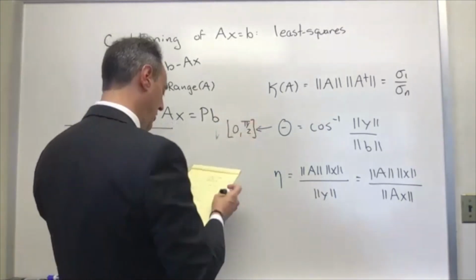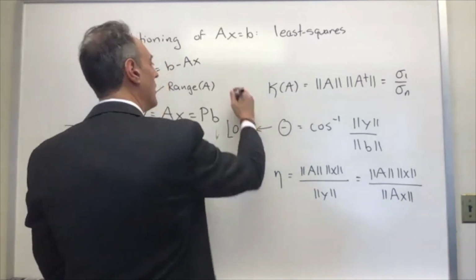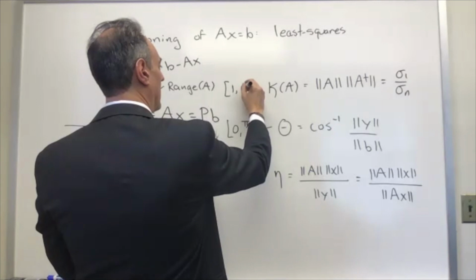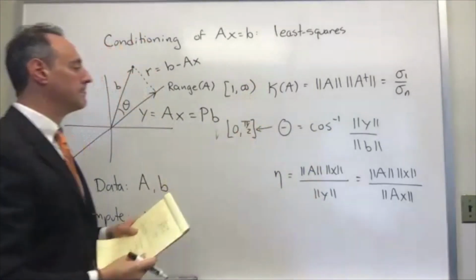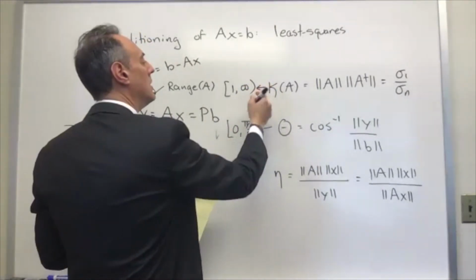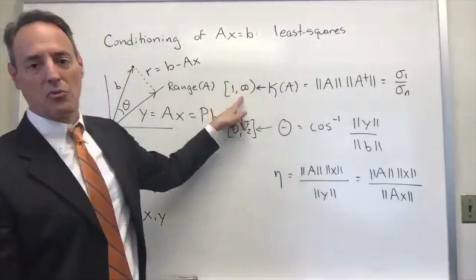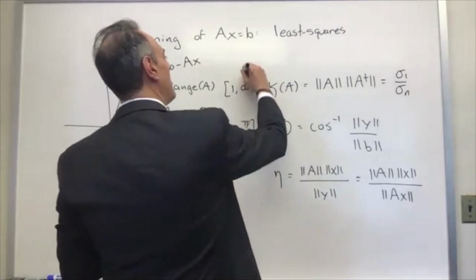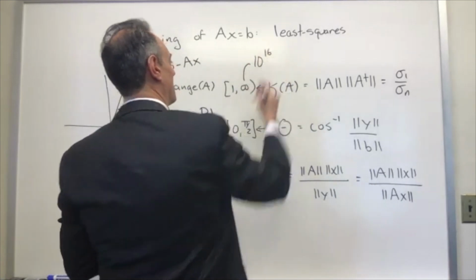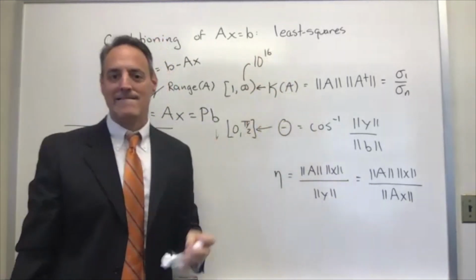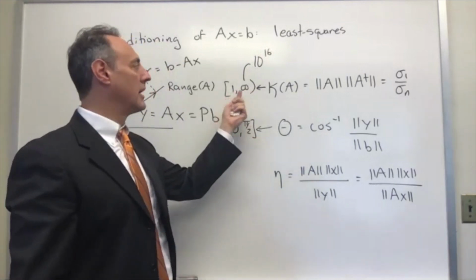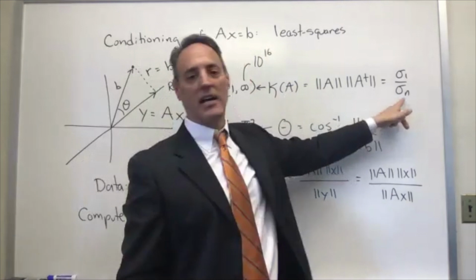Kappa, which is the condition number, goes anywhere between 1 to infinity. Well, okay, infinity doesn't really exist in your computer, right? But infinity here, what we mean by infinity is like 10 to the 16. But in theory, it can go to infinity if you're really dividing by a 0 here.